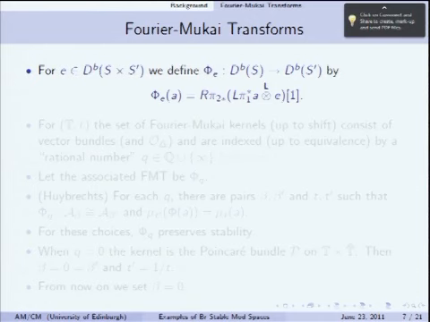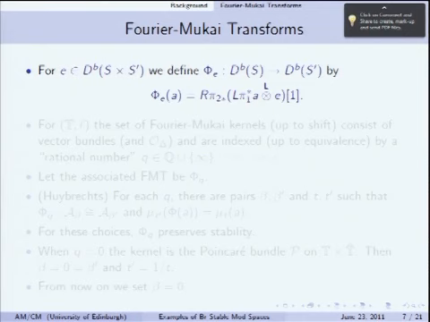The other tool I have at my disposal, by focusing specifically on the principally polarized abelian surface, is a very nicely controlled family of Fourier-Mukai transforms. And remember how they go. We have a Fourier-Mukai transform which, unlike Huybrechts, are invertible.